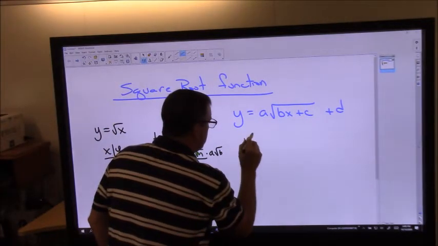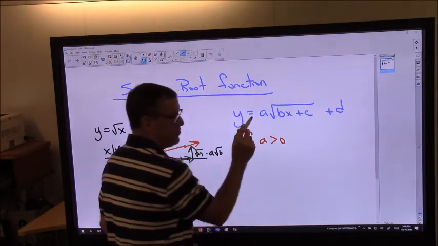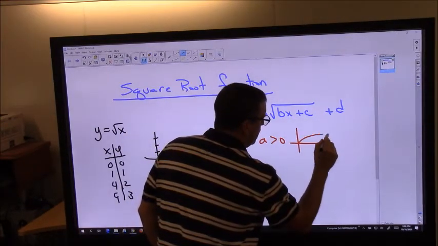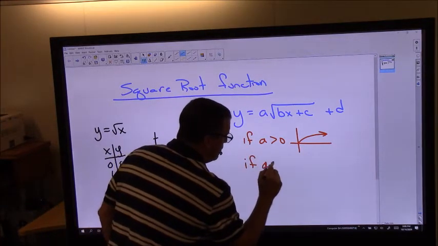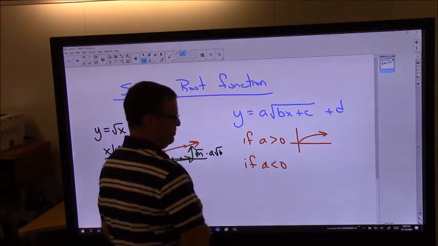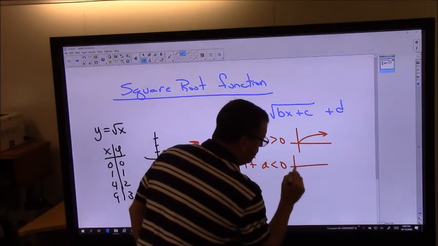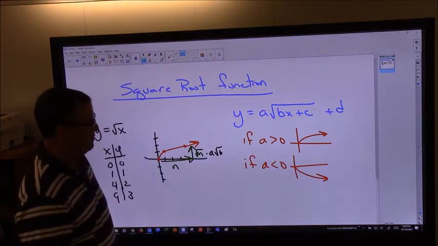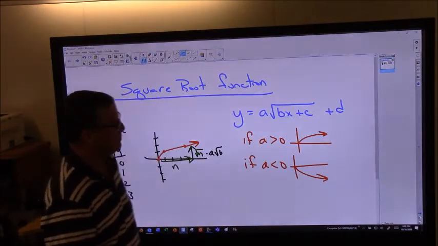So if a is greater than 0, so that means it's positive, then my graph is going to look like this. If a is less than 0, so that means we've got a negative number right here, well then my graph is going to look like this. So a tells us whether this thing goes up or whether it goes down.